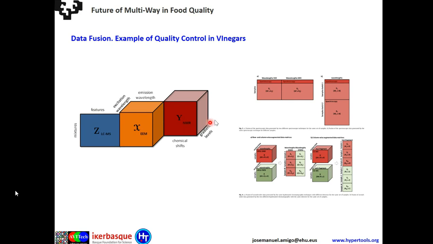Okay, so actually we can fuse all this data in order to first see the commonalities between the different blocks, and second, check whether that fusion helps our target, which in this case was classification.